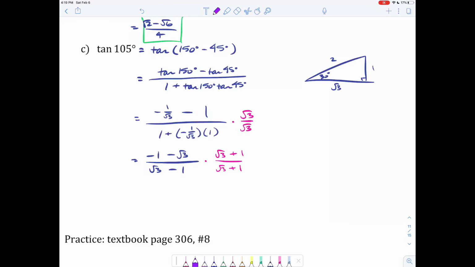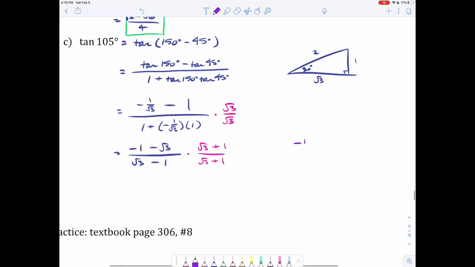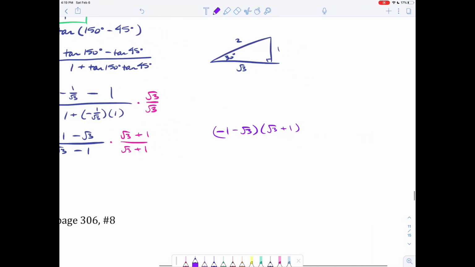On top, I might consider doing some scrap work. Negative 1 minus root 3 times root 3 plus 1 will give me some value. I would write this in a different order just because I'd prefer to see it like that.